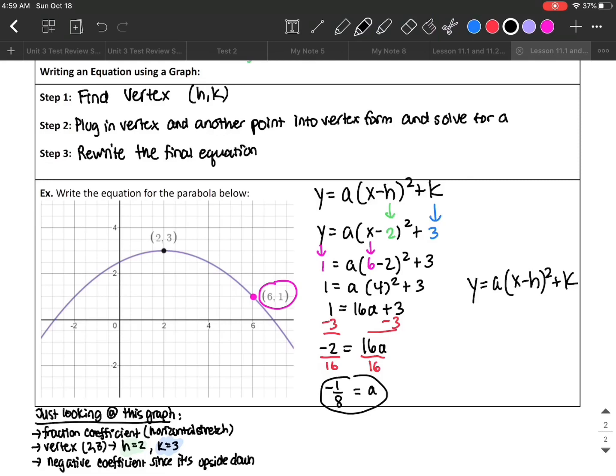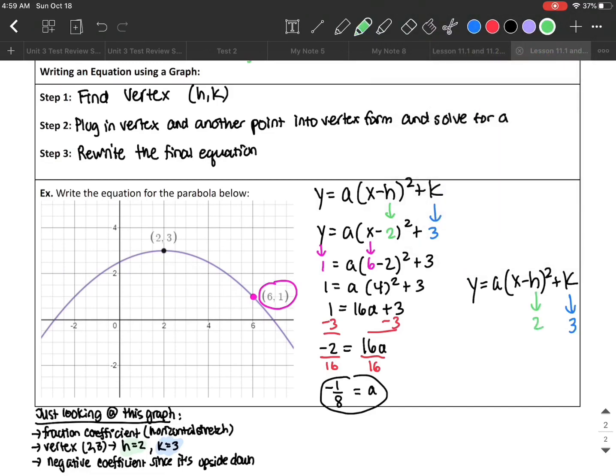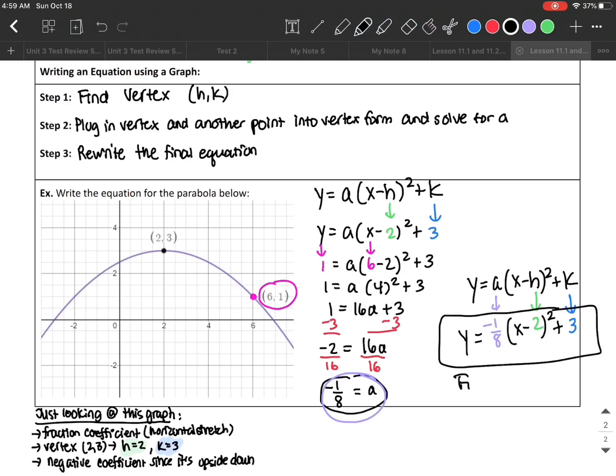I know k is 3, I know h is 2, and the last thing that I want to plug in is a is negative 1 over 8. So y is equal to negative 1 over 8 times x minus 2 squared plus 3. This is my final equation. And I'm done.